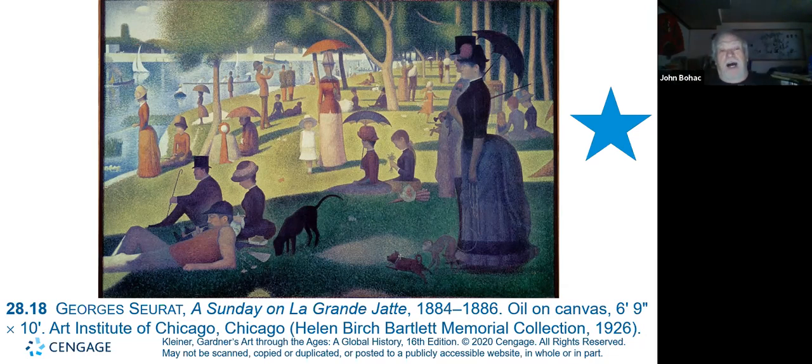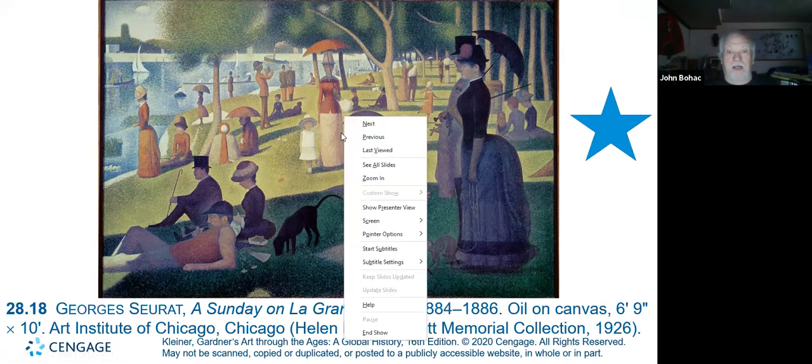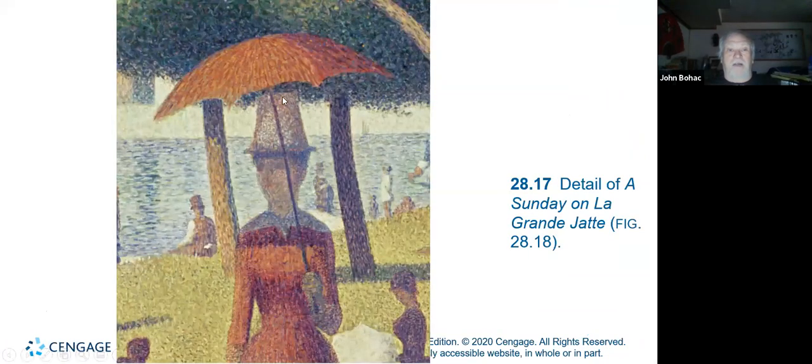If you put dots of yellow next to dots of red, you'll see basically orange. And when you throw in the violets on there, you see the shadows.